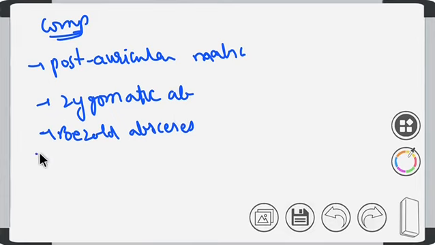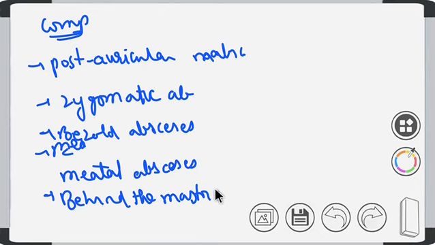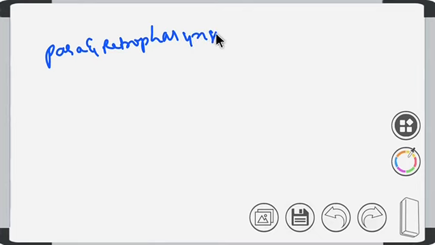Then meatal abscess, and behind the mastoid abscess, we can also see parapharyngeal and retropharyngeal abscess. Okay, these are the complications.